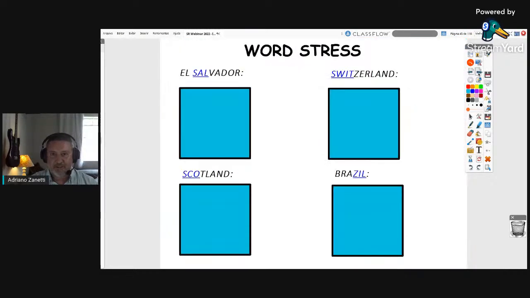So what I do is I usually get some countries, and depending on the word list we have for the unit or for the lesson, I have a phonological dictation.